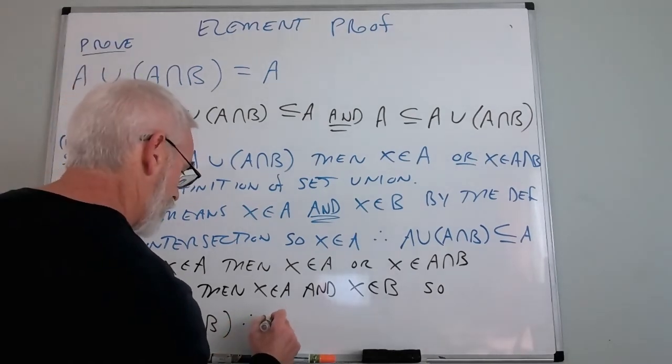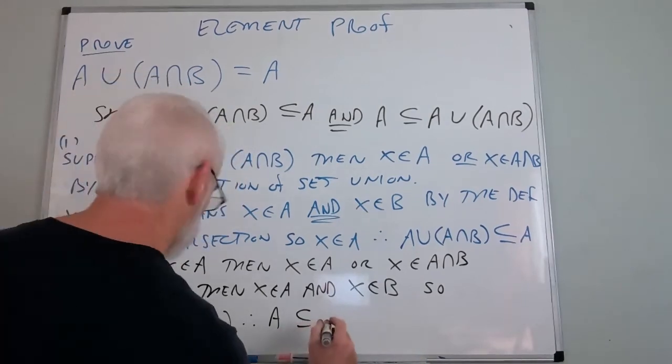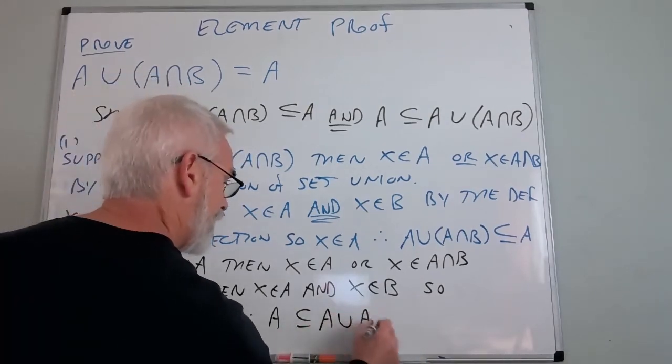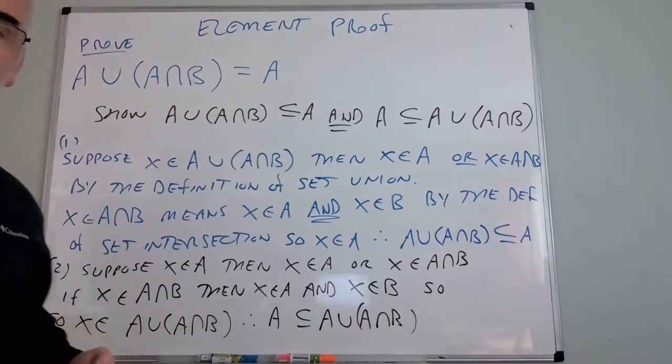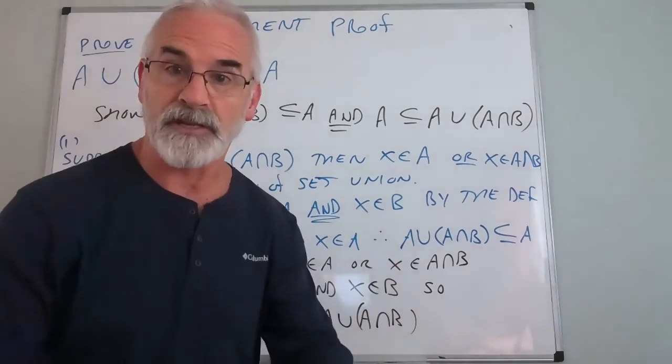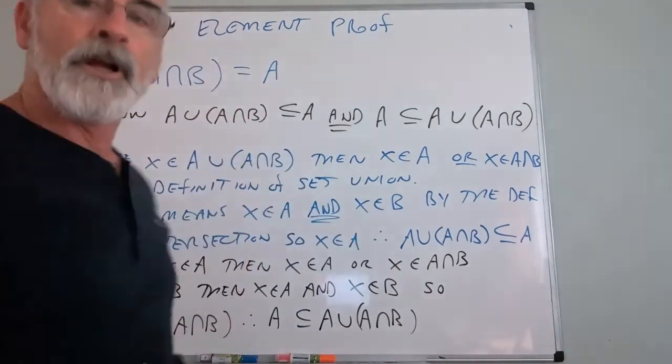Therefore, A is contained in A union A intersect B. Now, at this point, you would say, since we have shown containment both ways, this statement is true.